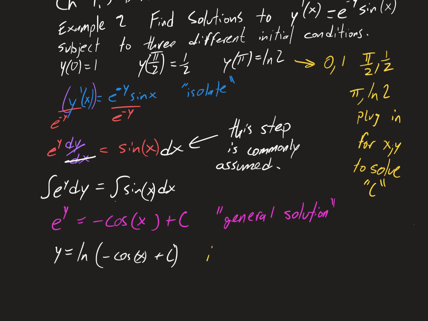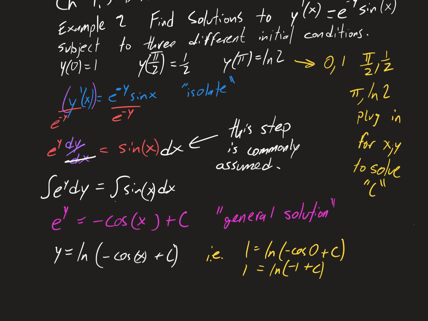And so, as an example, if we say 1 is y, so 1 equals ln of negative cosine 0 plus c. Cosine of 0 is, of course, just 1. So this is ln of negative 1 plus c equals 1.